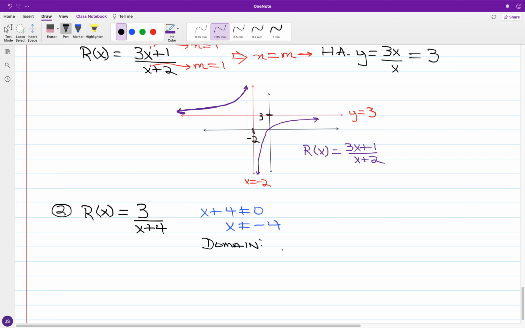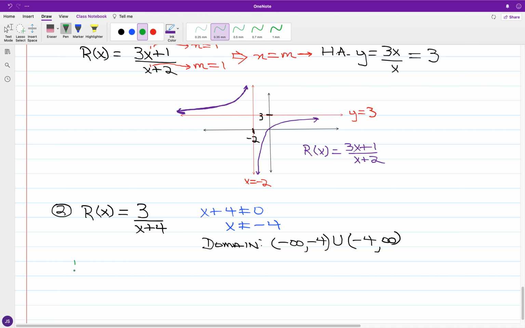With the domain, we have those values of x less than what is excluded, and then those values of x greater than what is excluded. In this case, the excluded value is negative 4.